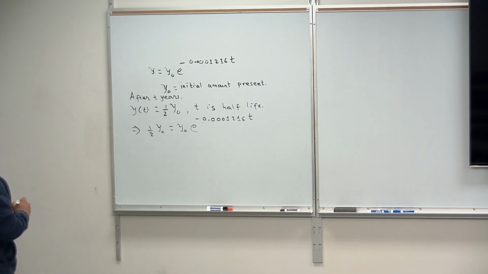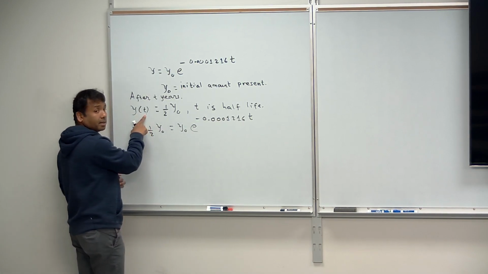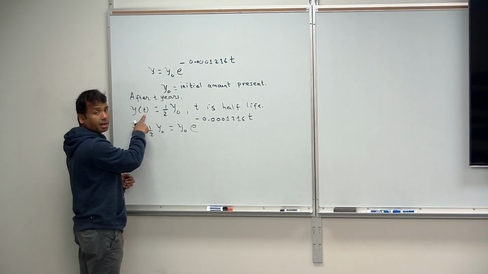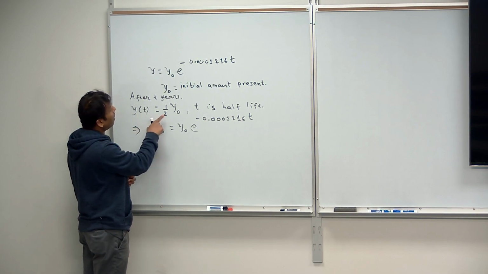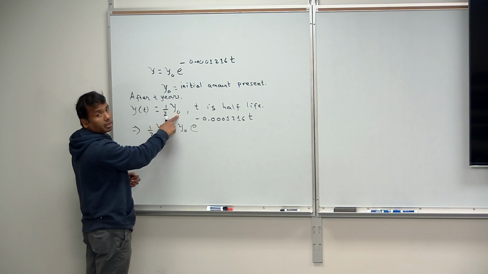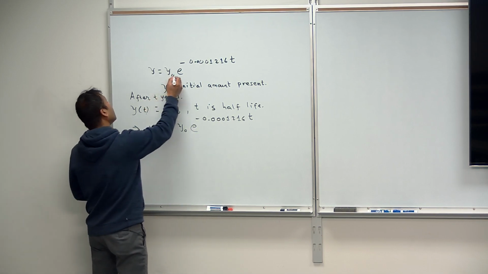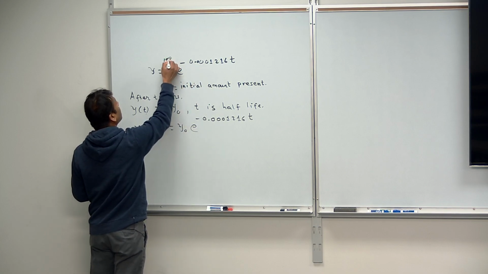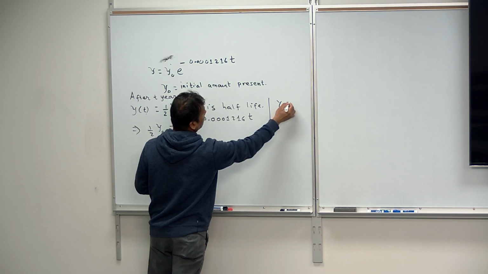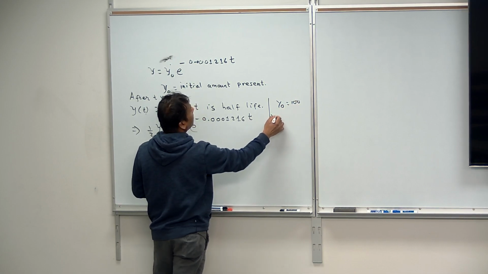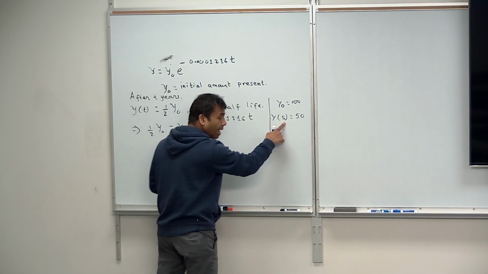Half-life is the time t so that y t equals half of y0. For example, if the value of y sub 0 is 100, and after 5 years it's going to reduce to 50, then the 5 is the half-life.